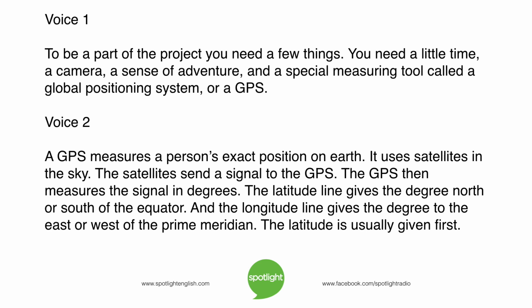The latitude line gives the degree north or south of the equator, and the longitude line gives the degree to the east or west of the prime meridian. The latitude is usually given first.